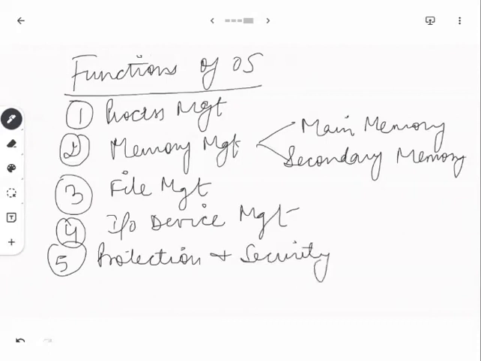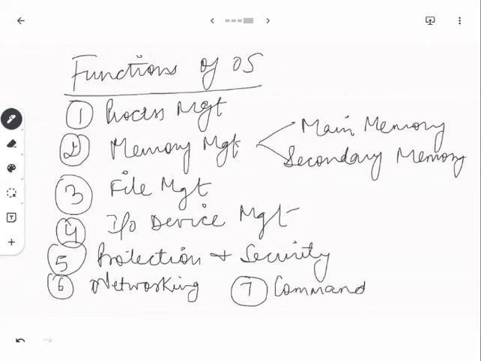And then you can have your networking, how to work in the network environment where there's a group of computers. So this networking is being provided by your operating system. And then your command interpretation, how to interpret the user's command, where you have your CUI, GUI, two types of operating systems.